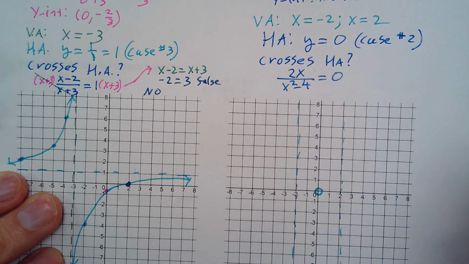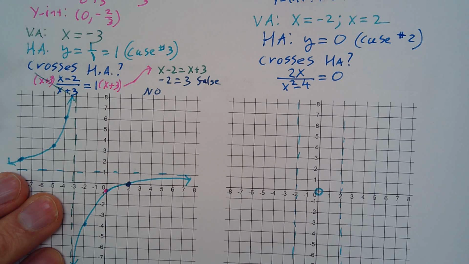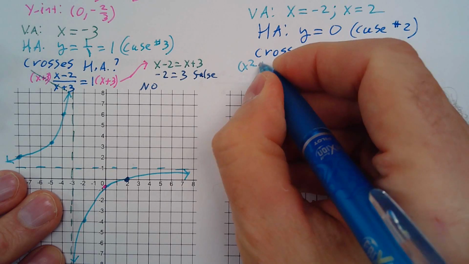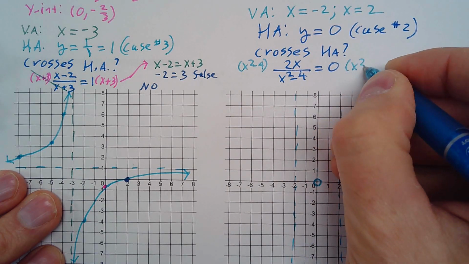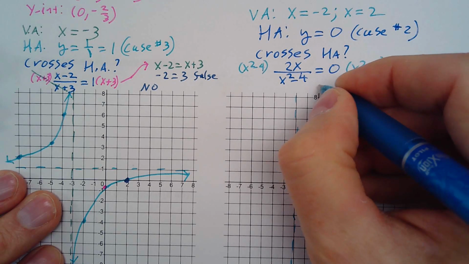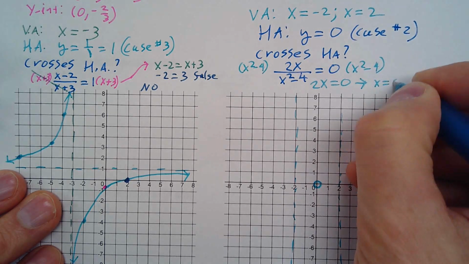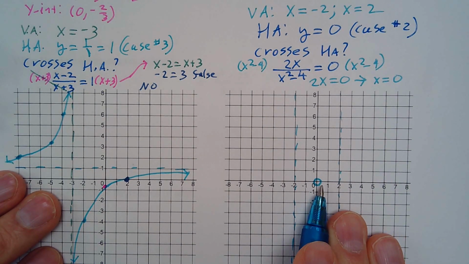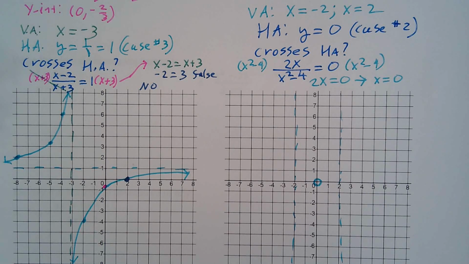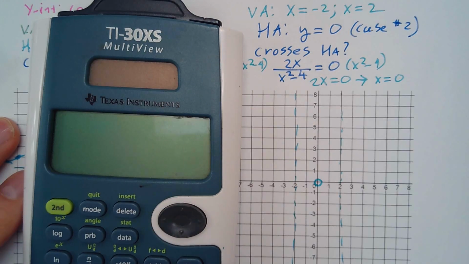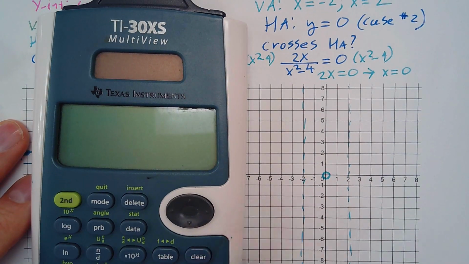If I set that 2x over x squared minus 4 equal to 0 and try to solve, if I multiply both sides by the x squared minus 4, that would give me 2x equals 0, which would give me x equals 0. And we already said that was a hole. All right, so we're not going to worry about that. So looking at this graph, I really don't have a whole lot of information. I need to get some more values here. So here's where our calculator is going to come in really handy.